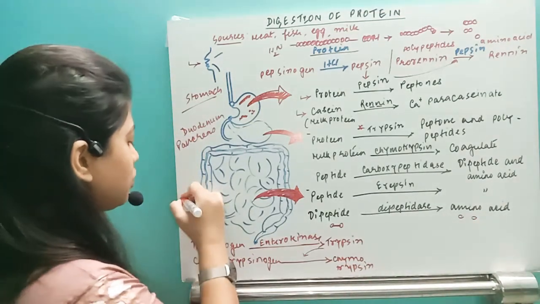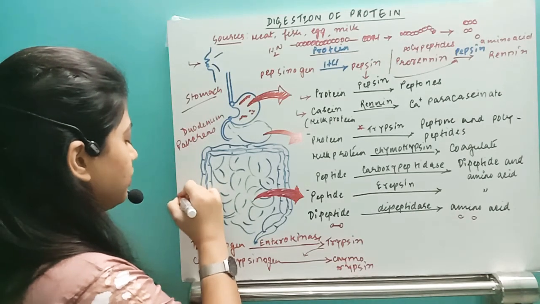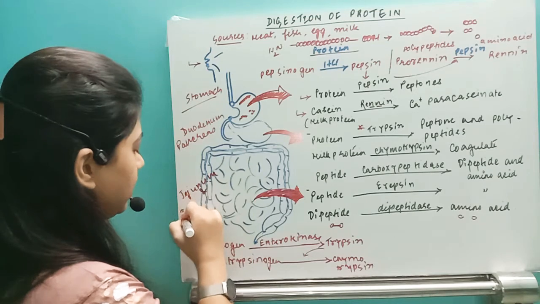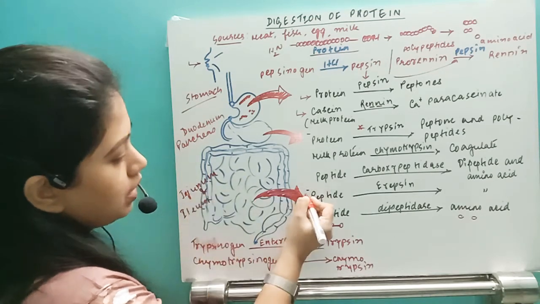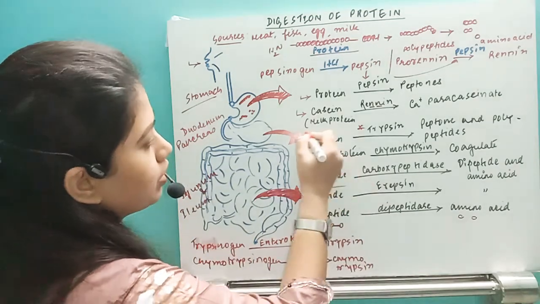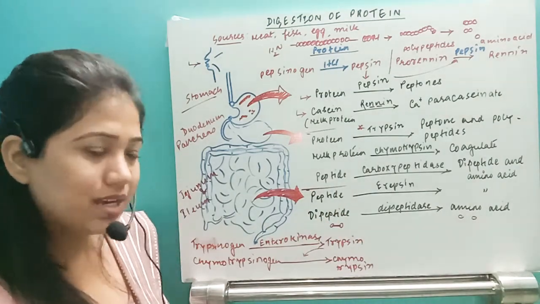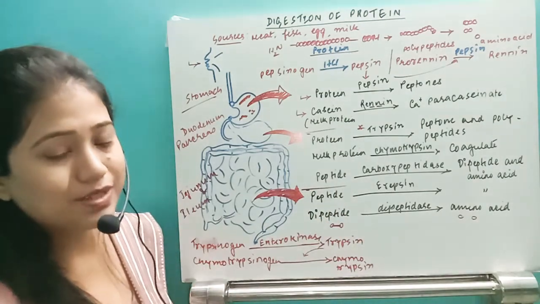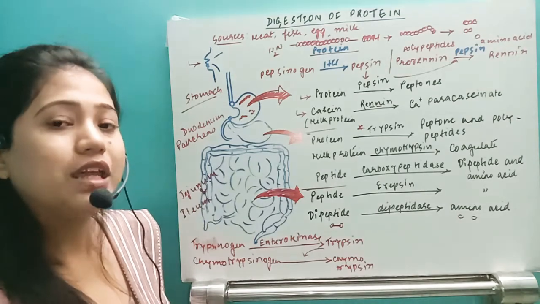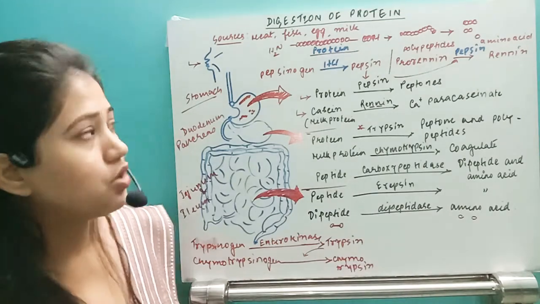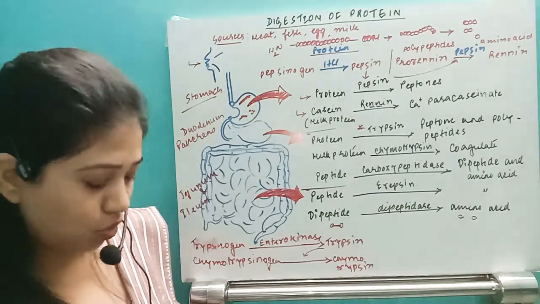So in the jejunum and ileum, what happens? The dipeptides will be acted upon by erepsin and dipeptidase, and eventually converted into the amino acid. So this way the protein digestion occurs.